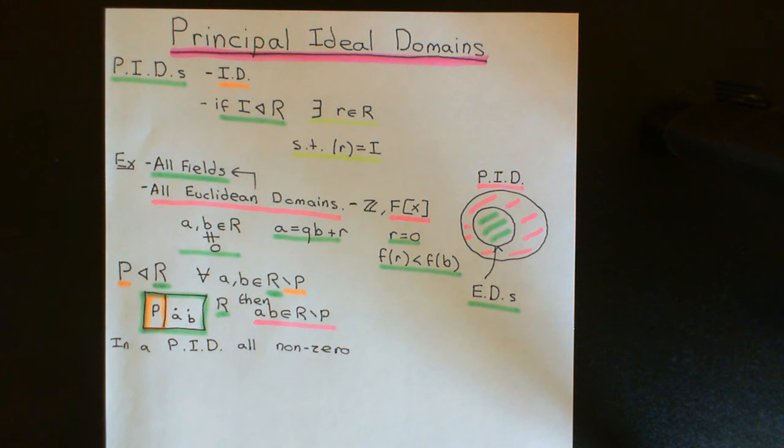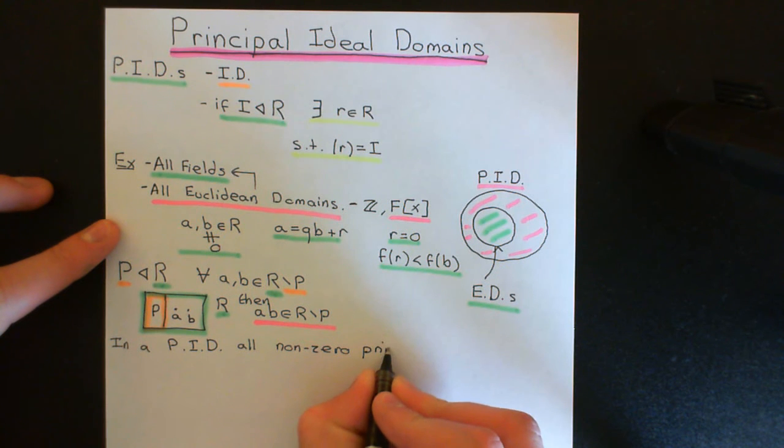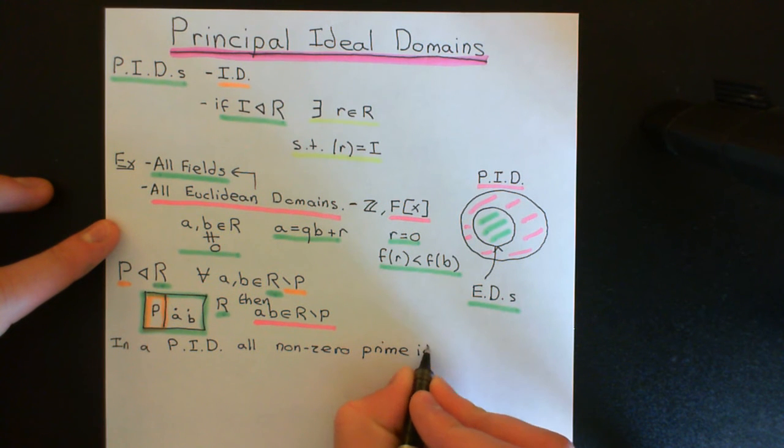Therefore we can conclude that the zero ideal obeys the criterion for being a prime ideal if we're working in an integral domain. Of course that isn't true if we're just working in an arbitrary commutative ring. So in a principal ideal domain, all non-zero prime ideals, so I want you to get a prime ideal that is not the zero ideal.